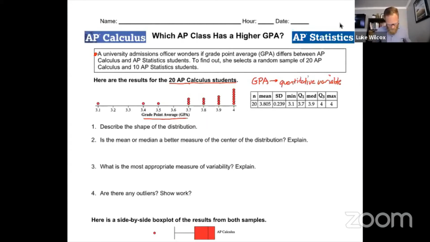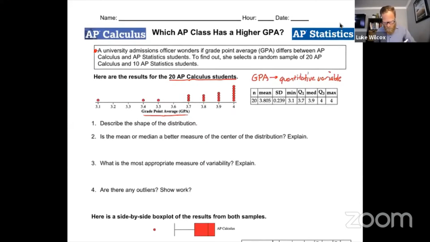All right, so let's jump right into question number 1 here, which says describe the shape of the distribution. And we have a couple of choices when it comes to shape. I think the first thing to always address is whether it appears that the distribution is symmetric or skewed one way. And certainly this is not a symmetric distribution, and it does have a skew to it.